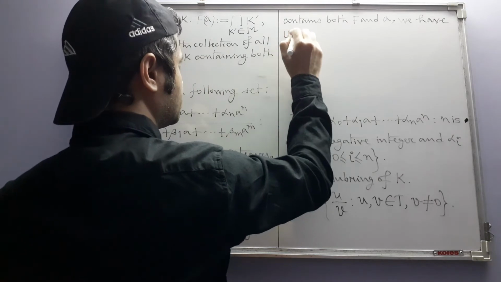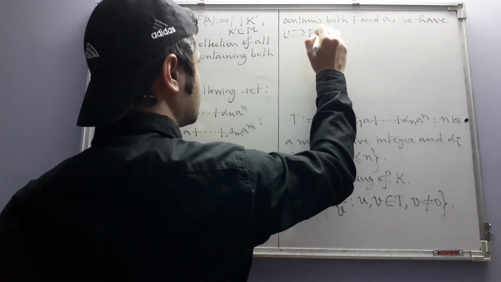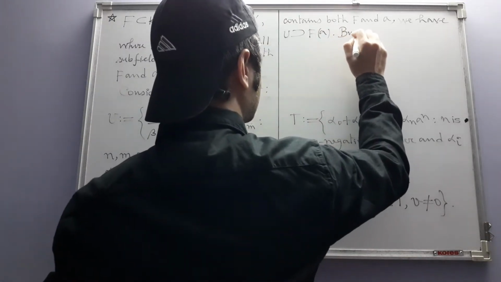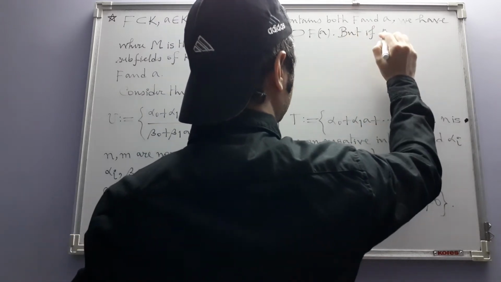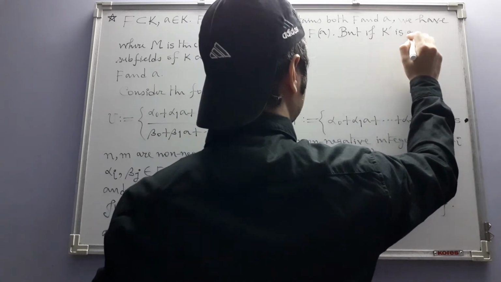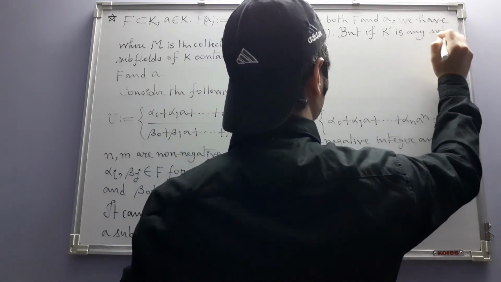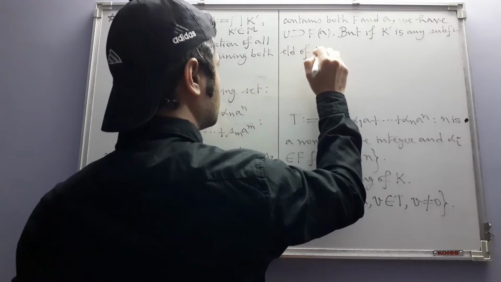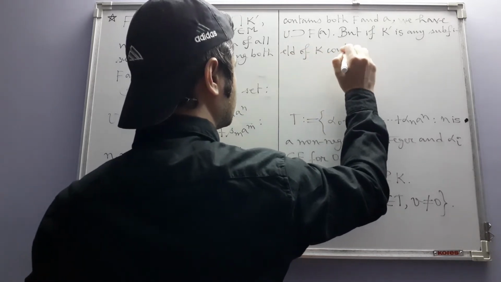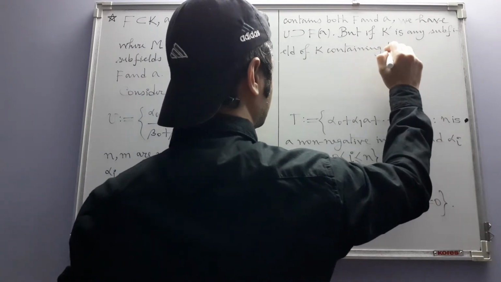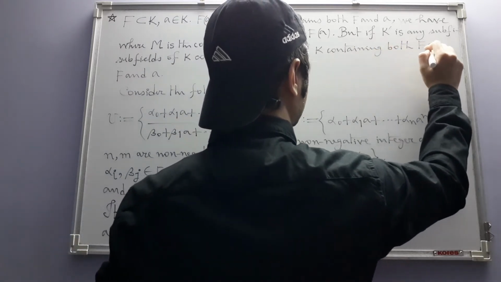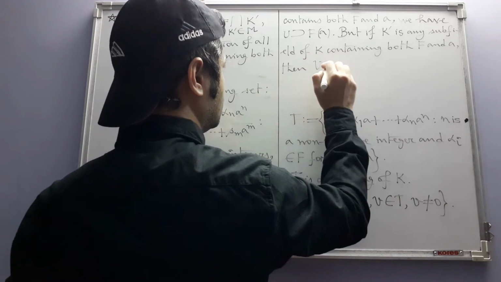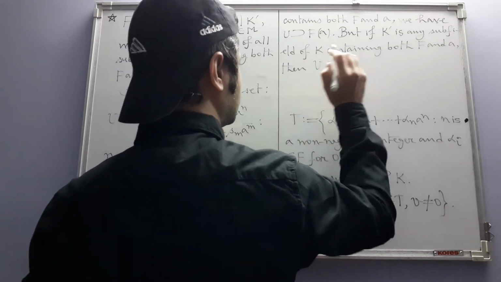So we have this. But if K prime is any subfield of K containing both F and A, then U is contained in K prime.